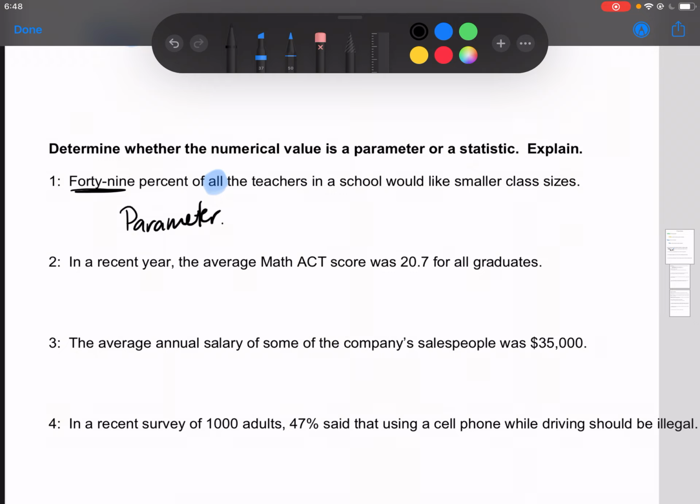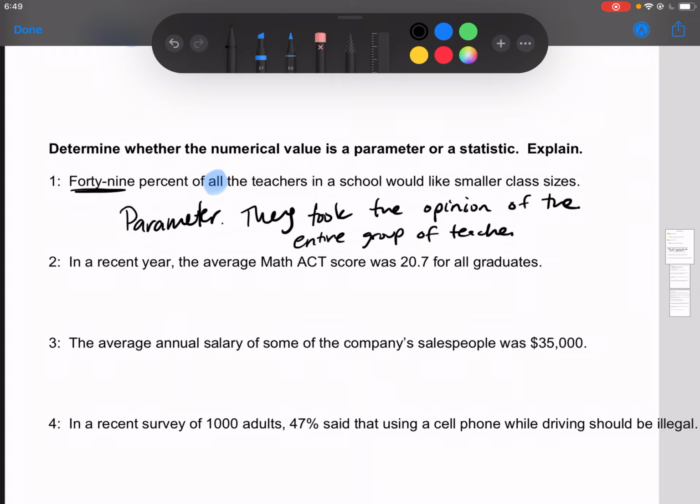So we have the entire group. They took the opinion of the entire group of teachers. Parameter is the big key right here.